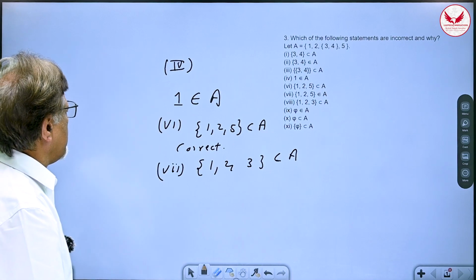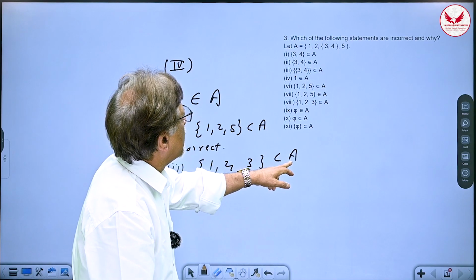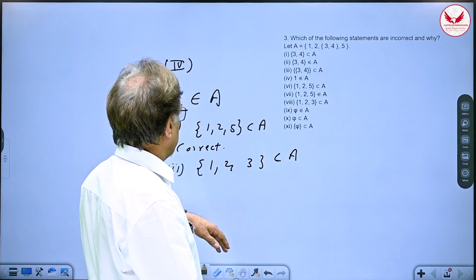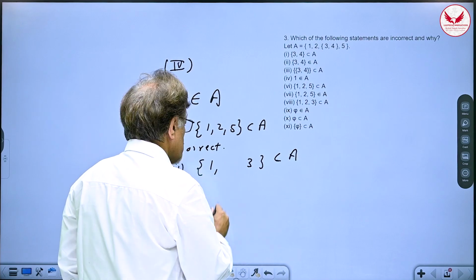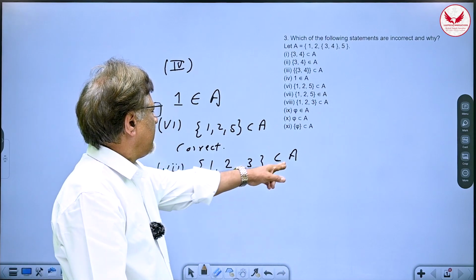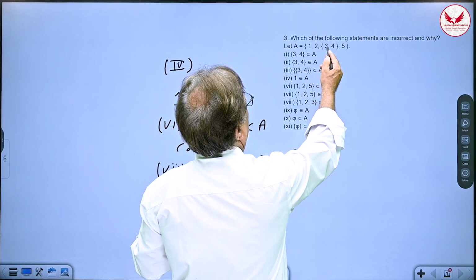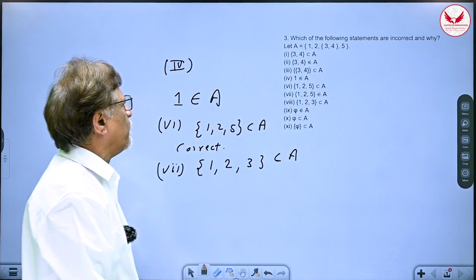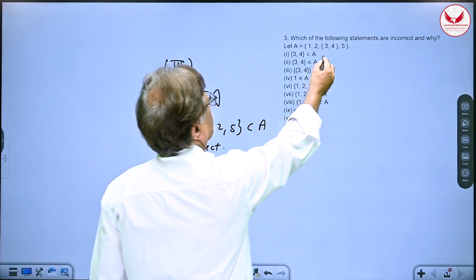Actually, 1 is an element of A, no problem. 2 is also an element of A, no problem. But 3 is not an element of A. 3 is not an element of A because 3 belongs to another set called {3, 4}, and 3 cannot be an element of A. It is an element of what?